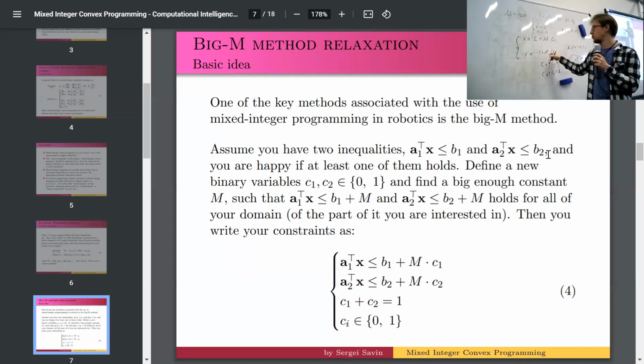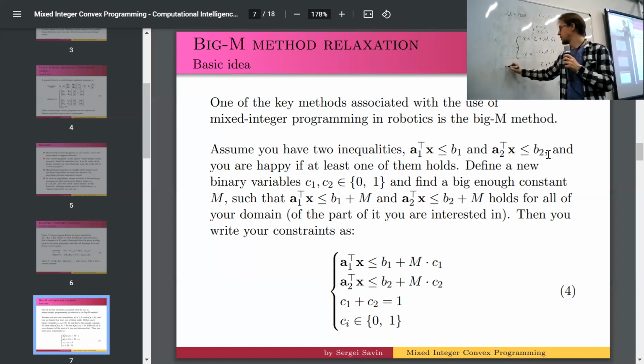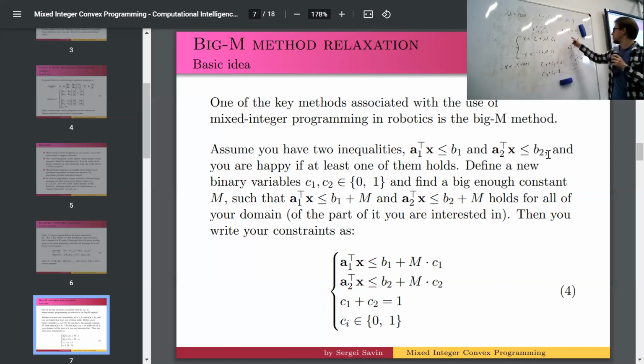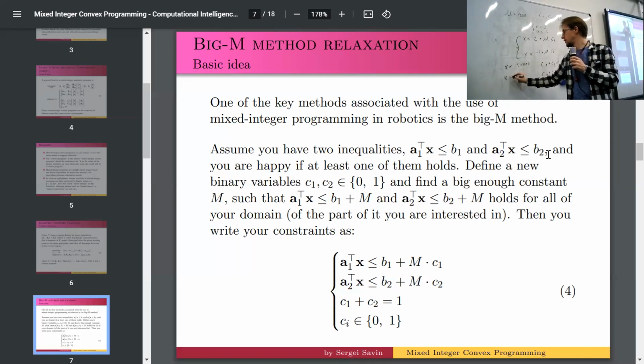Let's say if C2 equals 1, it becomes minus x less than or equal to minus 5 plus 1000, which is 995. Minus x on this interval is going to be at most 10, right? At most 10. So 10 is still less than or equal to 995, right?